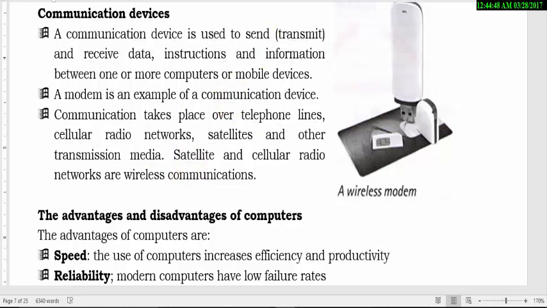Let me pick my pen again, students, so that I write my work. Satellite and cellular radio networks are wireless communications. So there are what we call telephone lines.